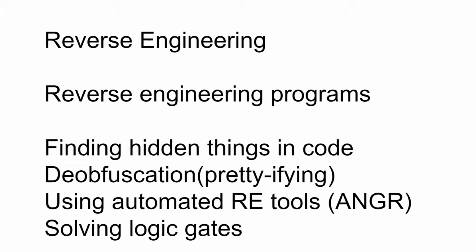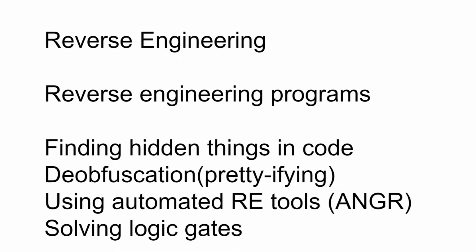For reverse engineering, you might have to find hidden things in a program, like maybe something way at the bottom, and then deobfuscation. This essentially means prettifying. You're taking some sort of code that looks like gibberish, and even though it still runs, it's not really human readable, so you might have to dissect it and make it so that you can read it.